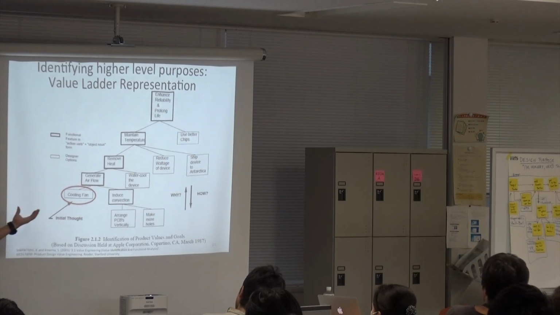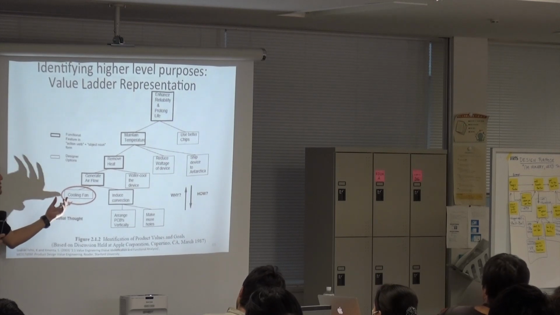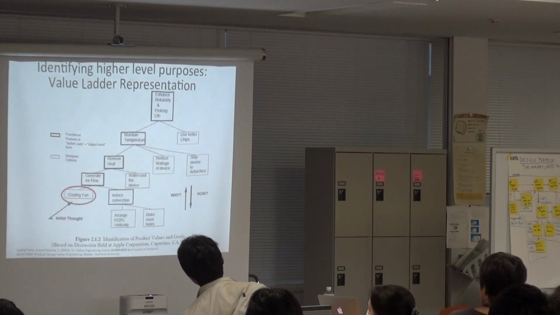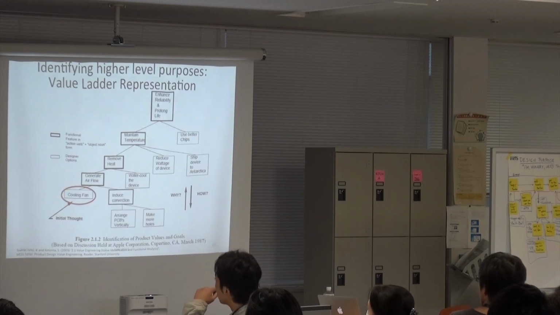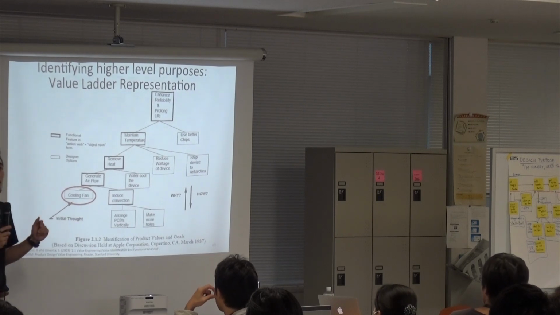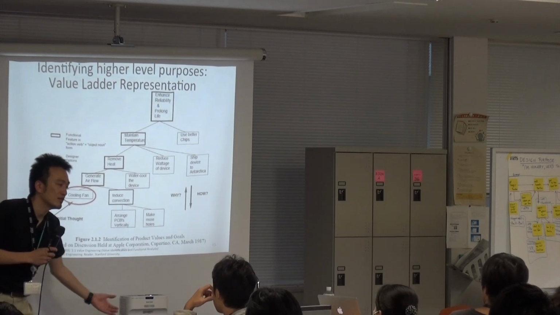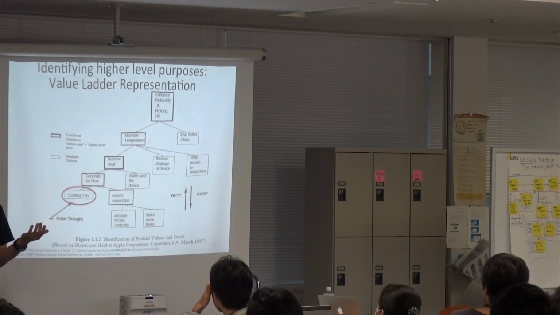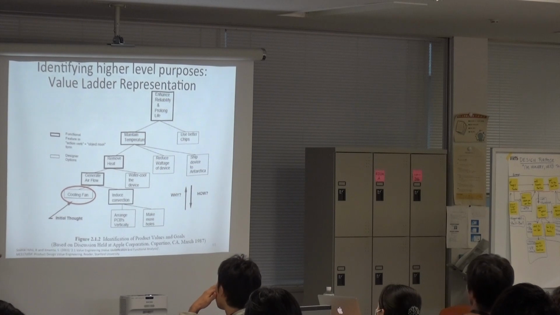She came to Ishii Sensei and said, we need to do something about the cooling fan we have. Do you know a cooling fan? These things have a cooling fan, because with a lot of electronics inside, they consume a lot of energy and exert heat. You can kind of hear it now, there's hot air coming out. So these people came to Ishii Sensei and discussed the cooling fan.